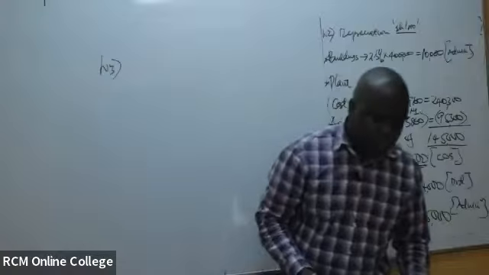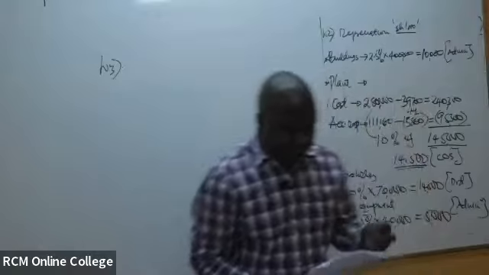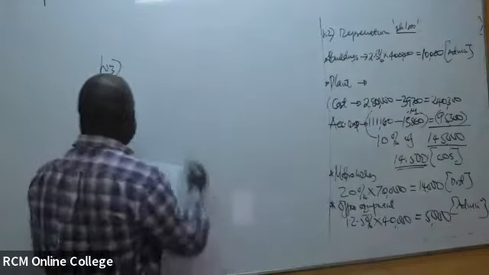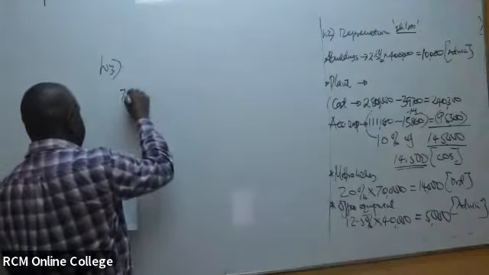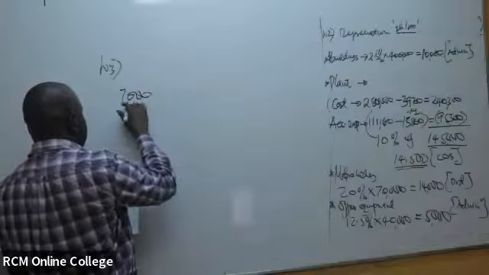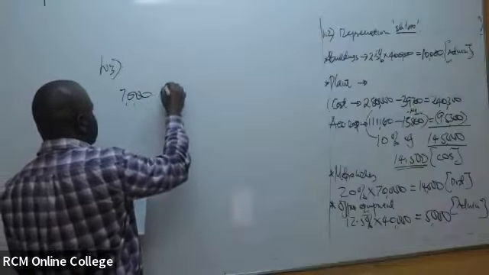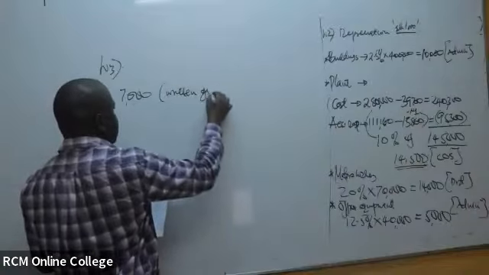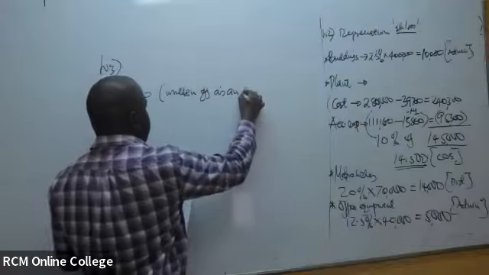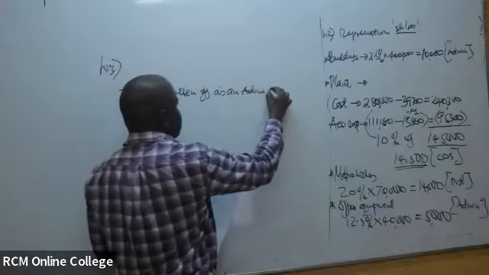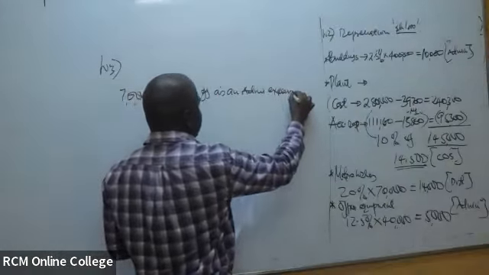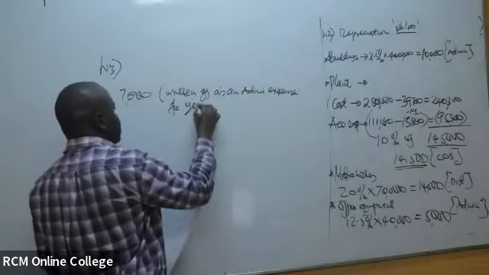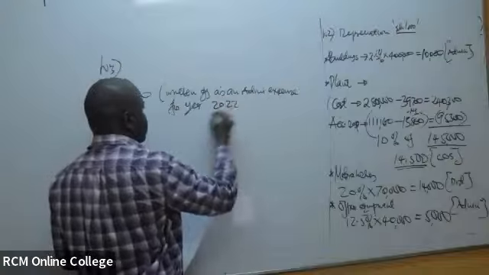So in this case, you can write 7 million off as an admin expense for the year 2022.